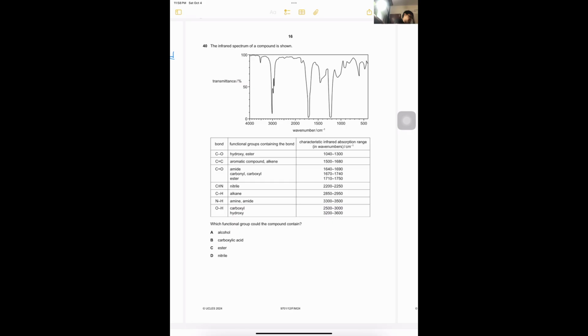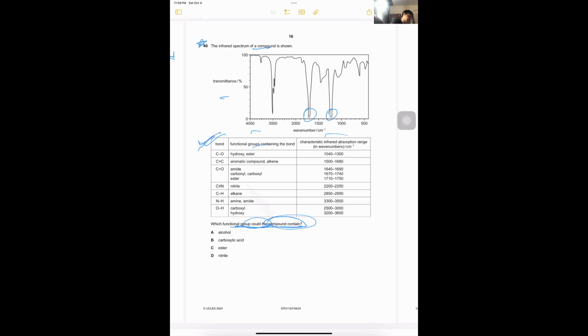Last question, a little important. Number 40, the infrared spectrum is given to us, right? And the table is given, right? And we see which functional group the compound could contain. So we can see a peak there, a peak there.